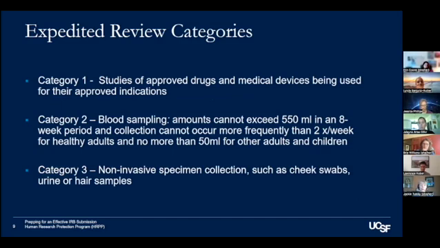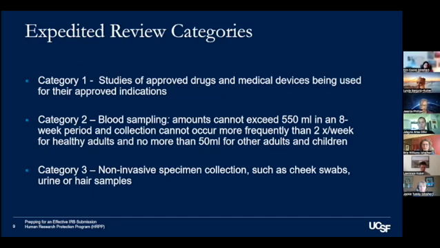So I really like the expedited categories because they're nice and concrete. The first being approved drugs or devices. The second being blood samples. Here they say exactly how much blood, what types of participants, and how often. Anything greater than what's stated there would go into the full committee category.